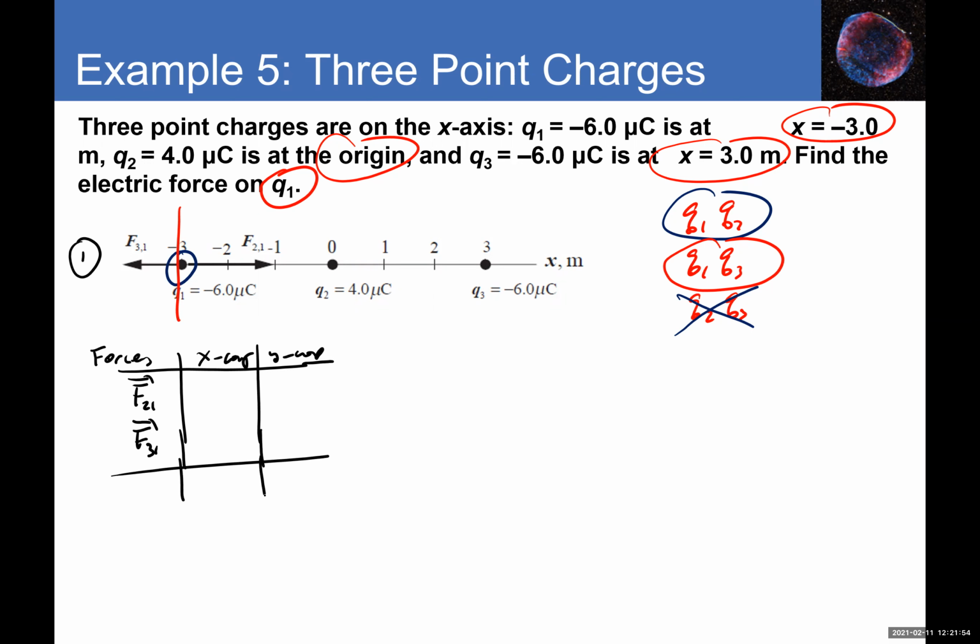Because I have more than one force acting on Q1, I need to find the net force. F21 is a force acting to the right, so plus F21. It has no y component. F31 is acting in the negative direction, and has no y component. That means in terms of my net force, it has an x component, but it doesn't have any y component, so I can just ignore that.